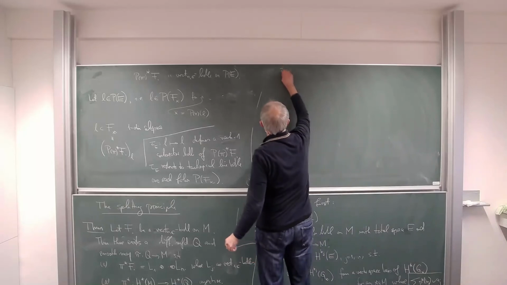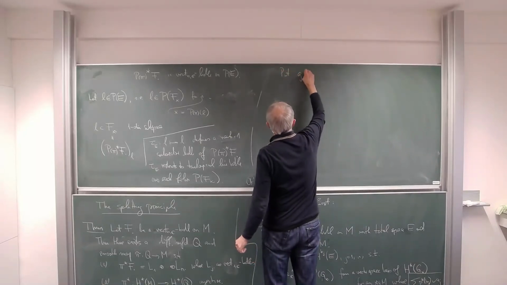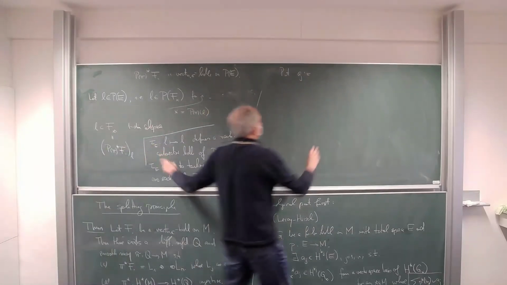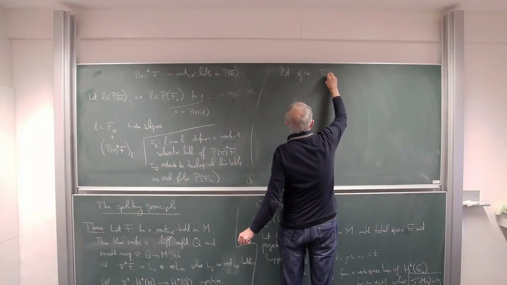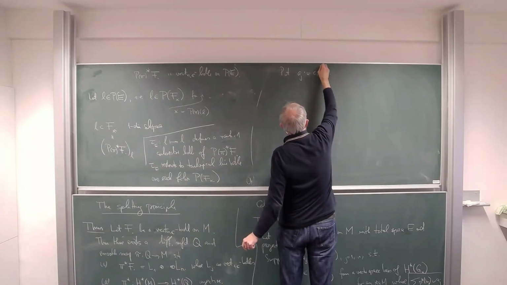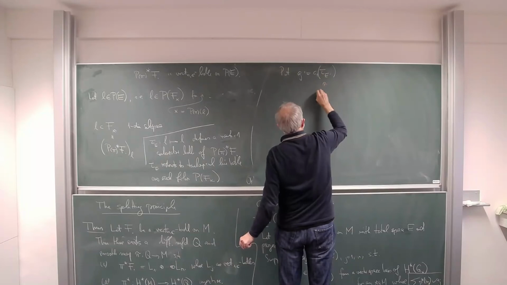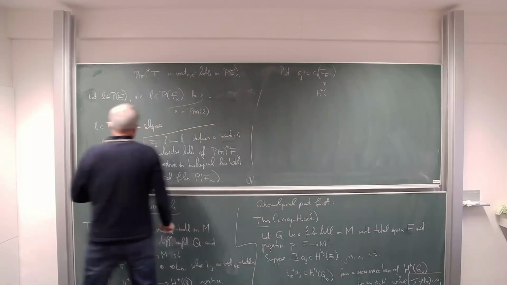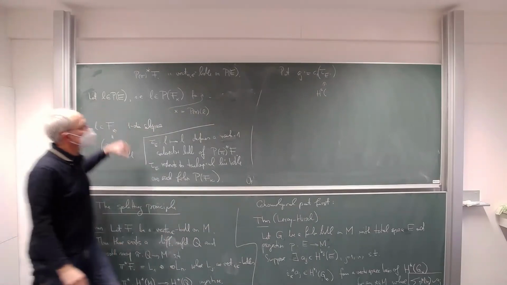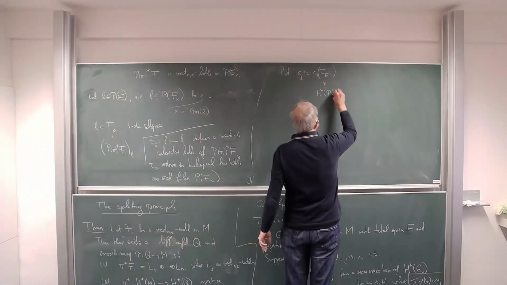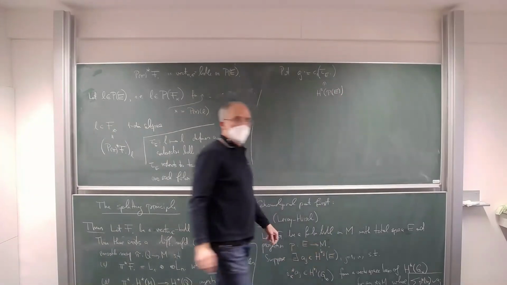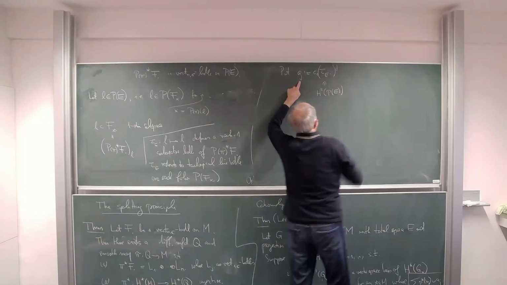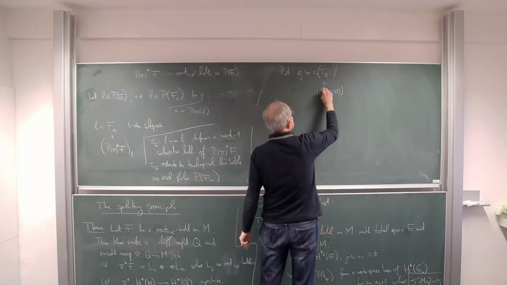We put Aj equal to, now I take this bundle that I've just constructed and take its first Chern class. So this would be an element in H2 of the base manifold of this bundle, and the base manifold of this bundle is P of E, right? And then I take its jth cup product power, then this ends up in H2j.